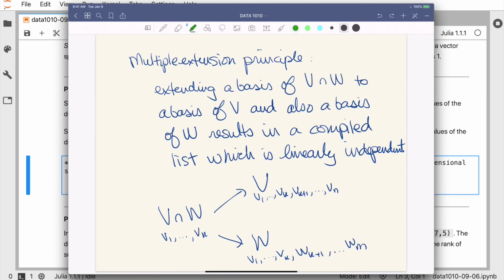So the multiple extension principle says that if we have a vector space which is an intersection of 2 other vector spaces, that's V intersect W here, we can extend that basis to a basis of V, and also we can extend it to a basis of W. And if we do that and we take all of the vectors in the original basis together with all the vectors we tacked on separately in the 2 bases, one of V and one of W, together, this compiled list of vectors forms a linearly independent set.